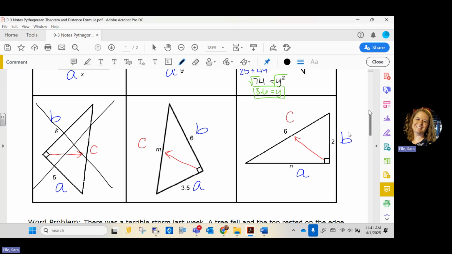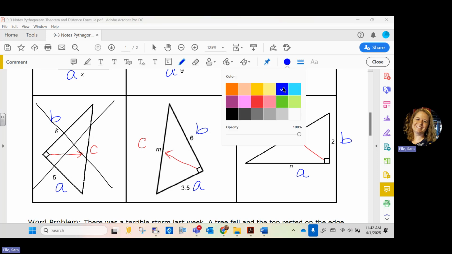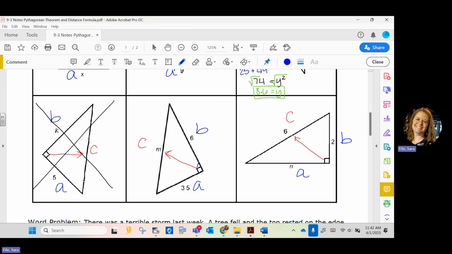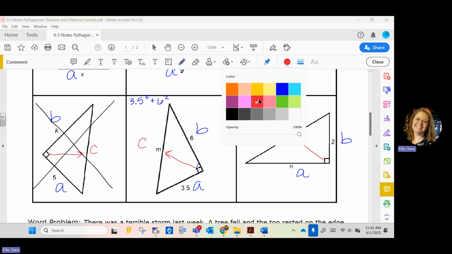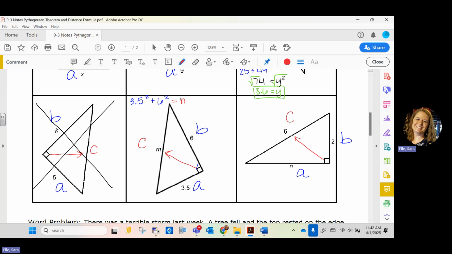Okay, now in this 4th one, again, A and B are known. So that is 6 squared and 3.5 squared, and that will equal m squared.